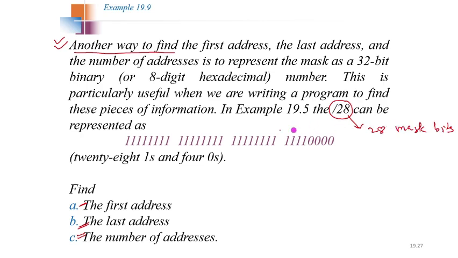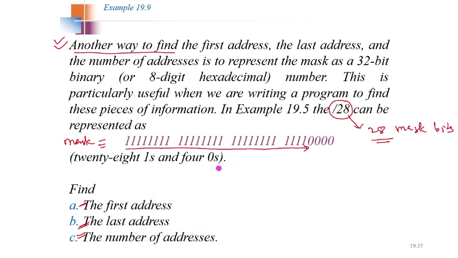That means the leftmost 28 bits will be for the mask. So this is the mask basically. With respect to the mask address, we can find the first, last, and number of addresses.